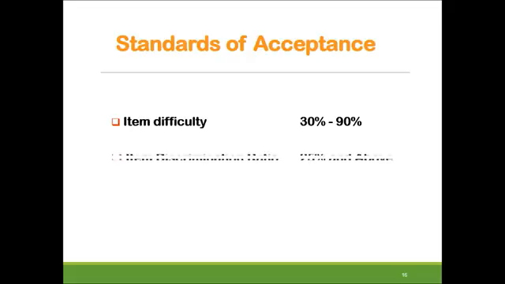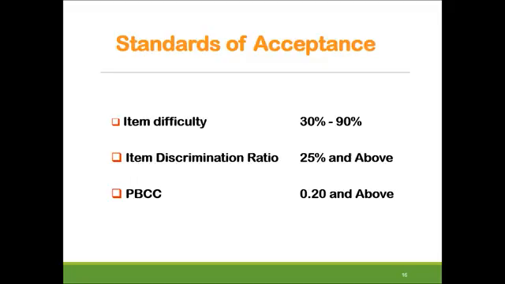Here are the standards that I'll ask you to just trust me on at the moment for acceptance. These are widely publicized in the psychometric literature, and you'll see them in nursing education as well. An item difficulty, in other words, computed off how many of the students are actually able to answer the question correctly versus those that answer it incorrectly.